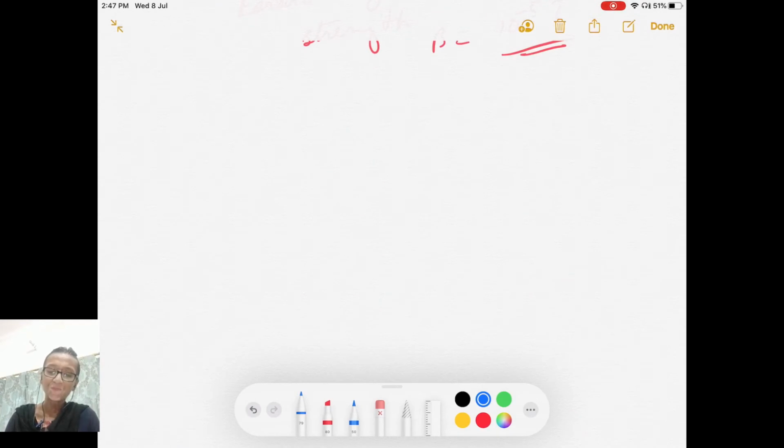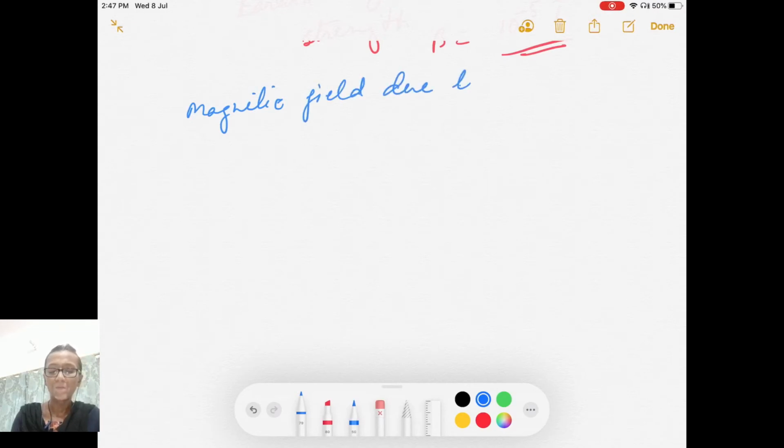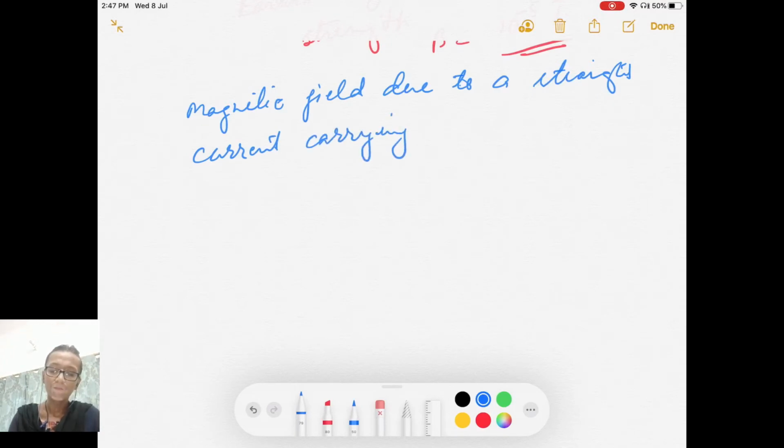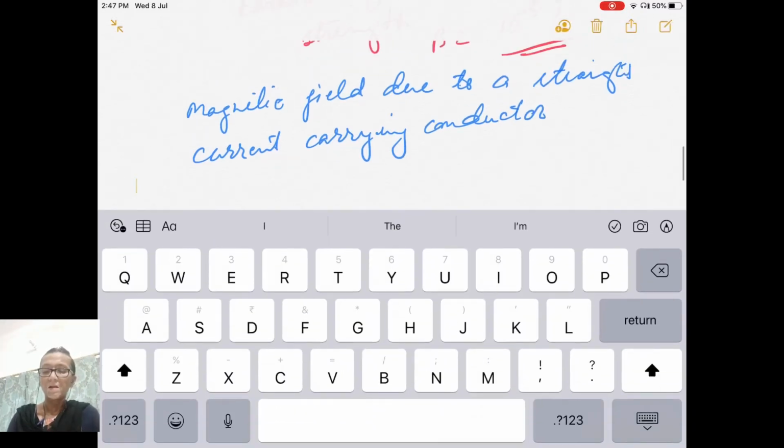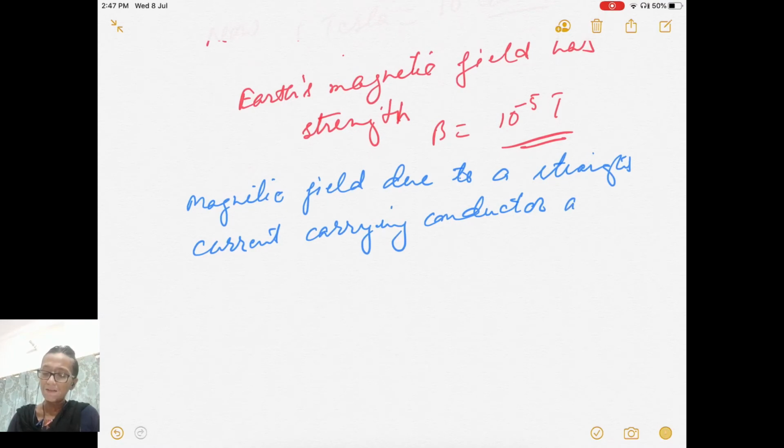Now, magnetic field due to a straight current carrying conductor, assuming Biot-Savart's law.